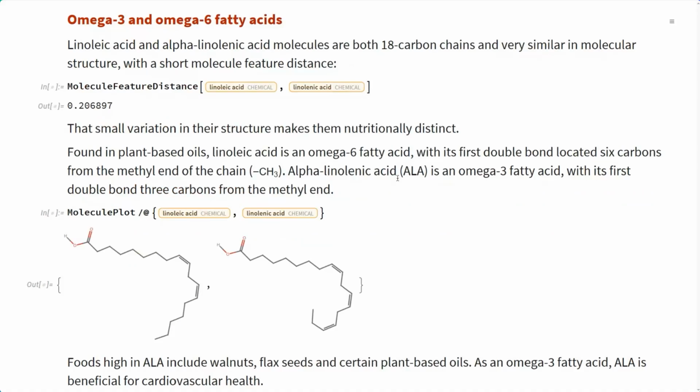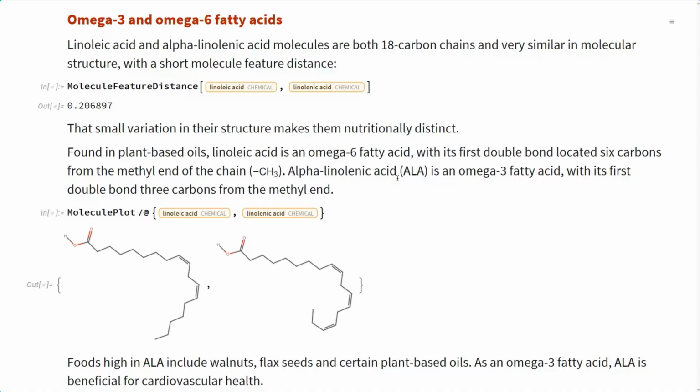If we look at this molecule feature distance, we can see it's only 0.2, right? So that tells us that linoleic acid and alpha-linolenic acid molecules are very similar in their molecular structure because they only have a distance of 0.2. But let me tell you the interesting thing here: that small variation in their molecular structure still makes them nutritionally distinct from one another.